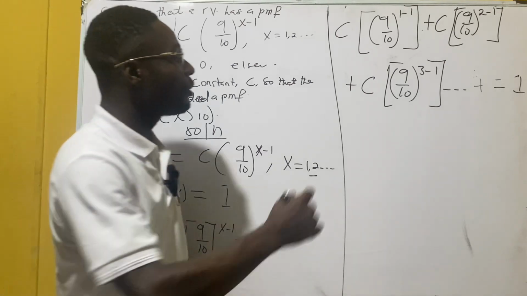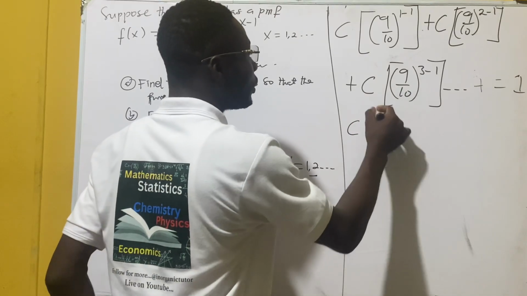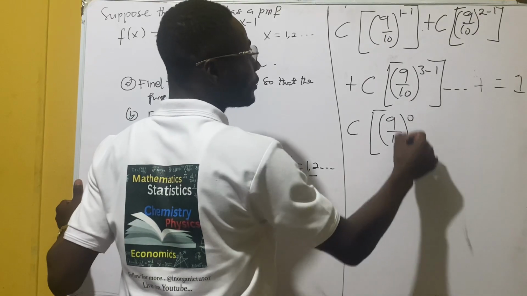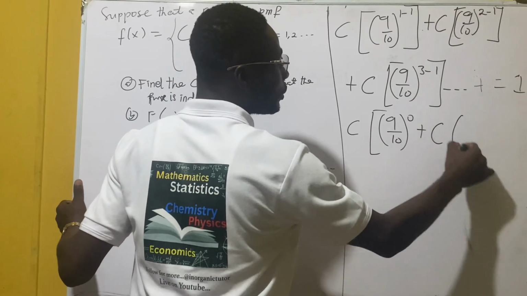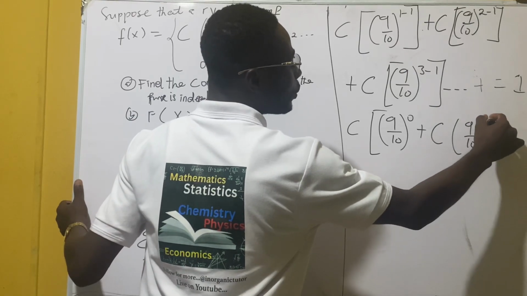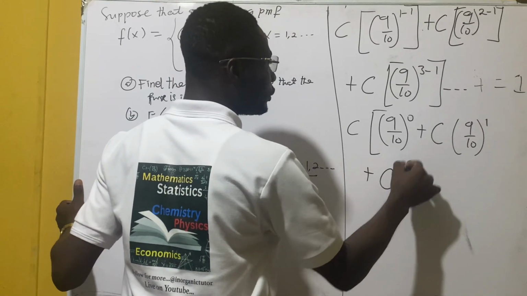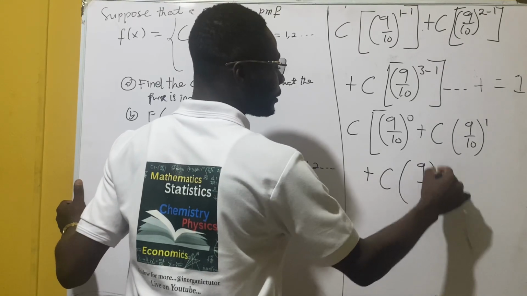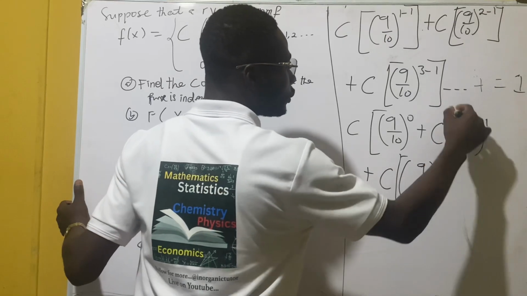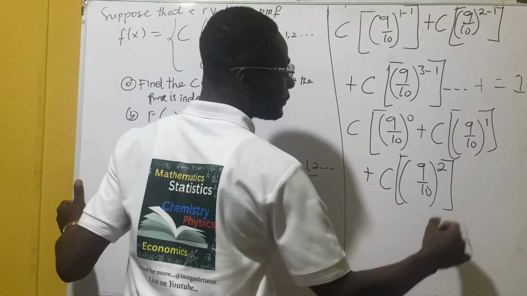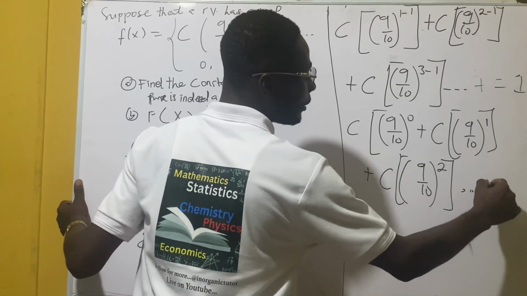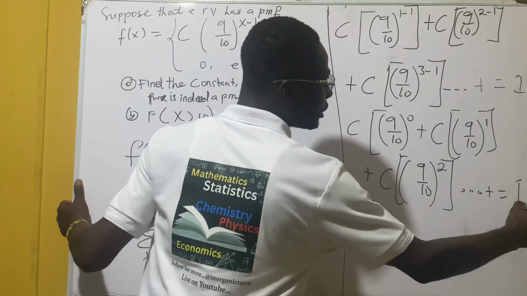So c into 9 on 10 power 1 minus 1 is 0, plus c into 9 on 10 power 2 minus 1 is 1, plus c into 9 on 10 power 3 minus 1 is 2, dot dot dot, and that result should give you 1.